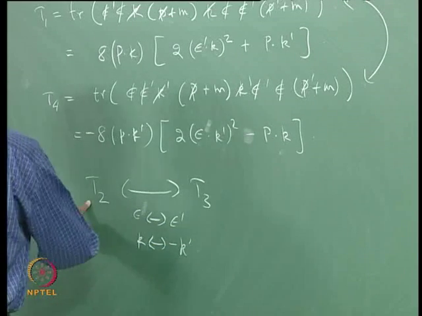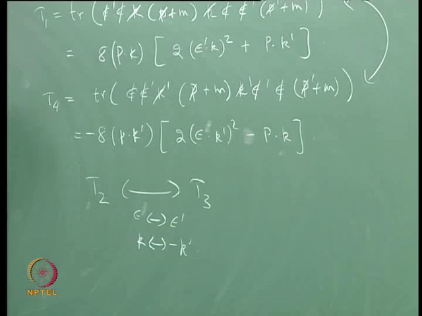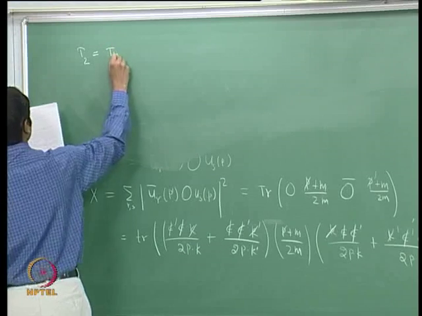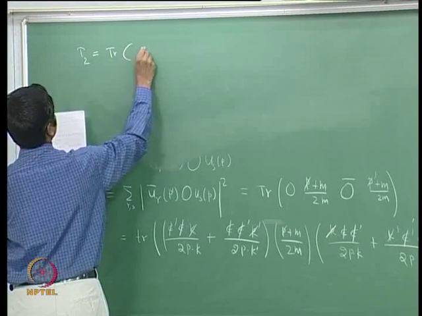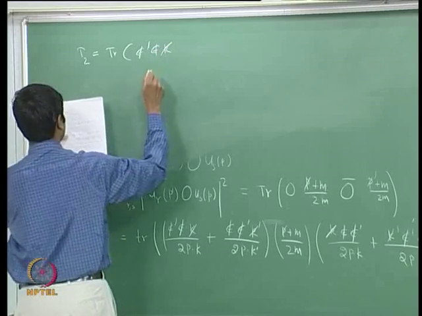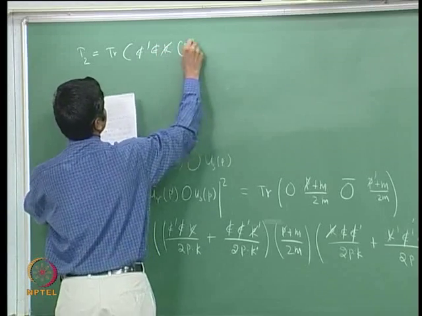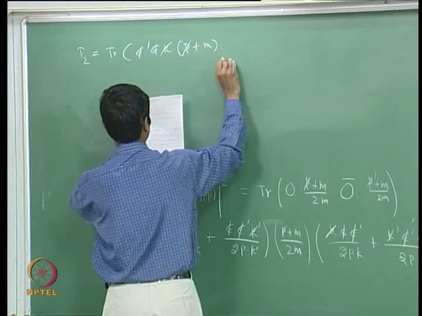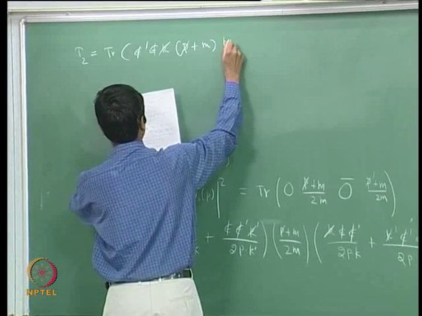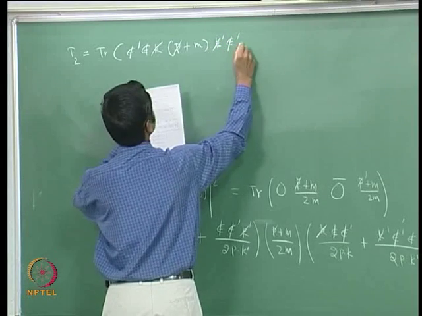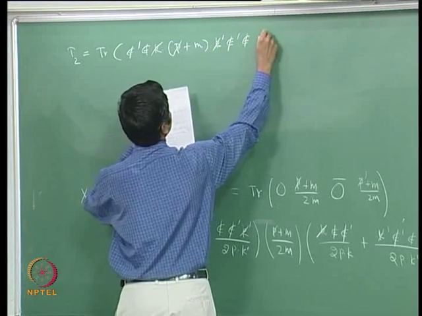So, it is enough for us to compute T2, which is given by T2 equal to the trace of ε' slash ε slash k slash (p slash plus m) k slash ε' slash ε slash (p' slash plus m).